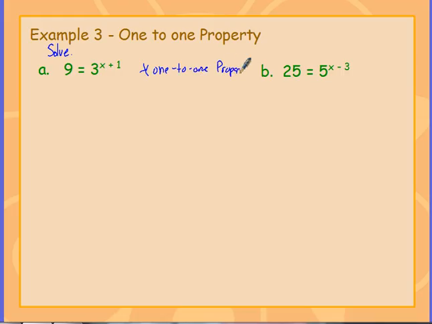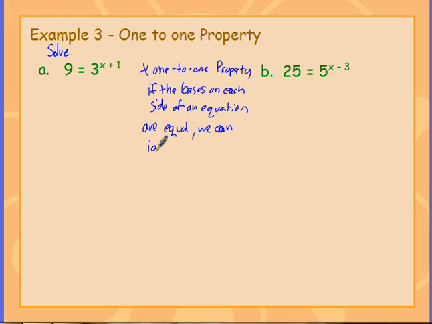My one-to-one property says if the bases on each side of an equation are equal, we can ignore them and set the exponents equal to each other to solve.